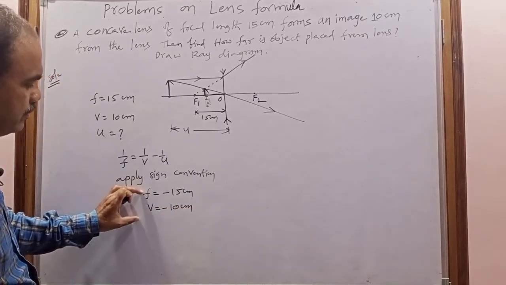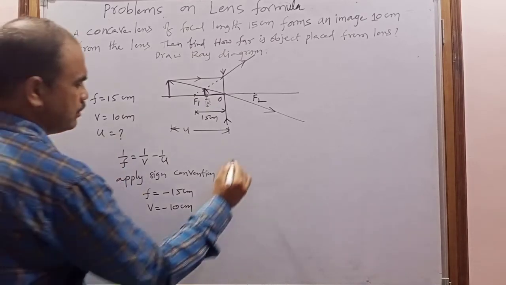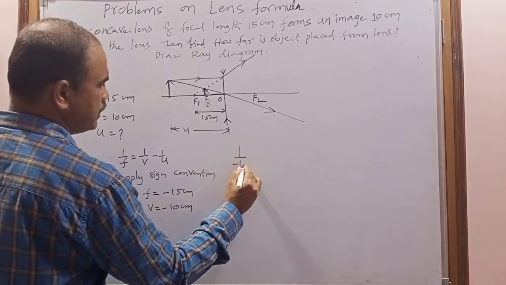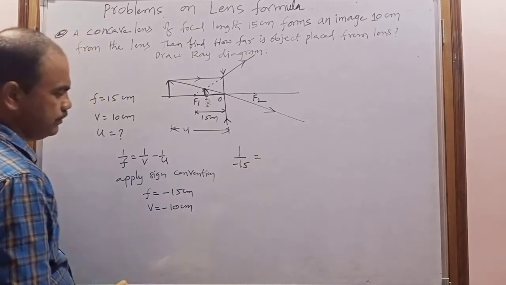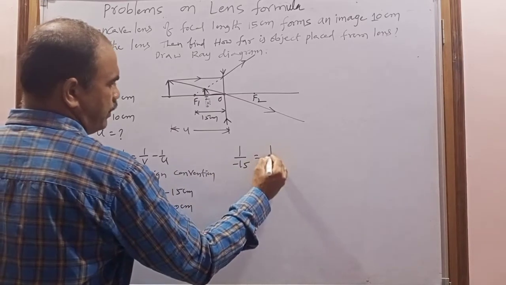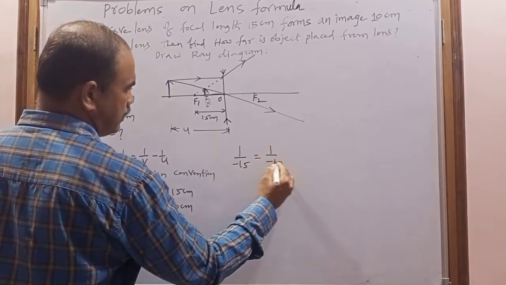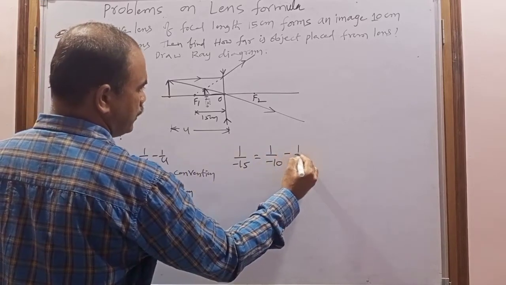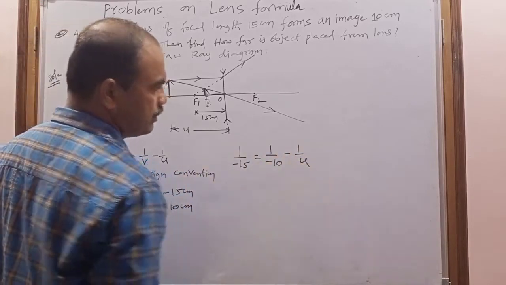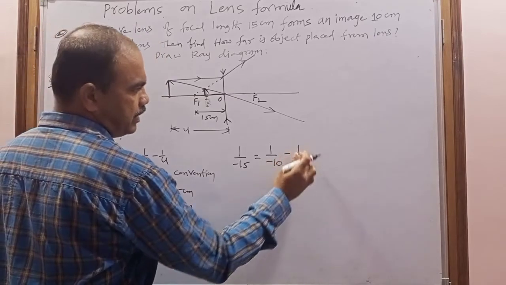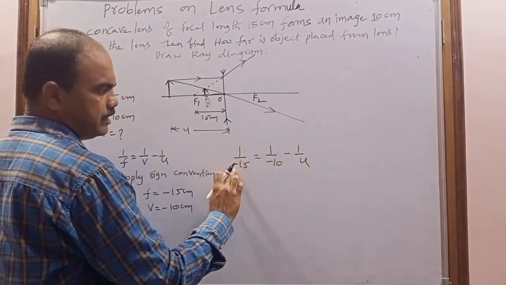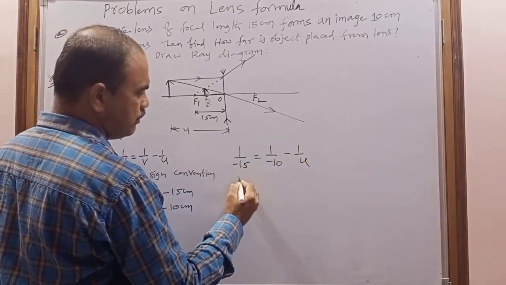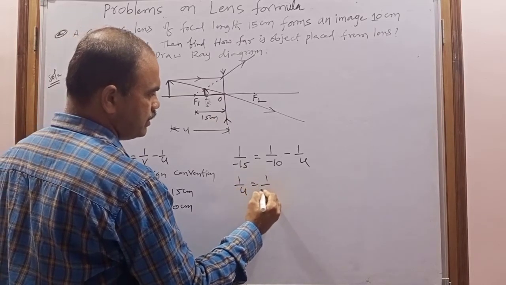Then substitute these values in this equation. So 1 by f, f is minus 15, equals 1 by v, v is minus 10, minus 1 by u. U is unknown. So now bring the minus 1 by u to the left side and minus 1 by 15 to the right side. So 1 by u equals minus 1 by 10.